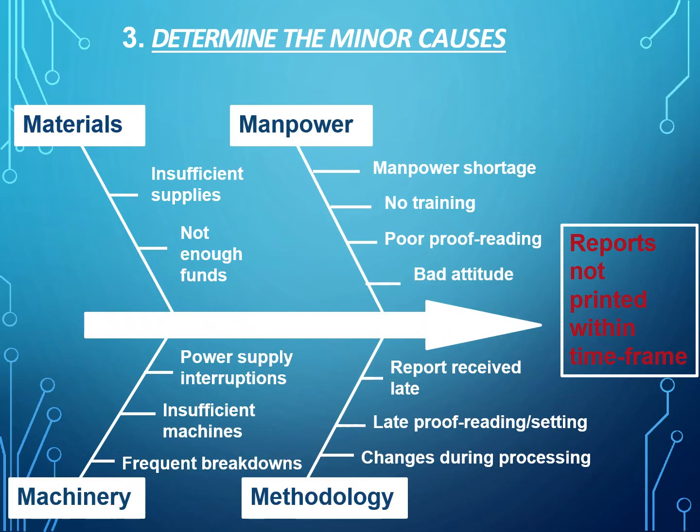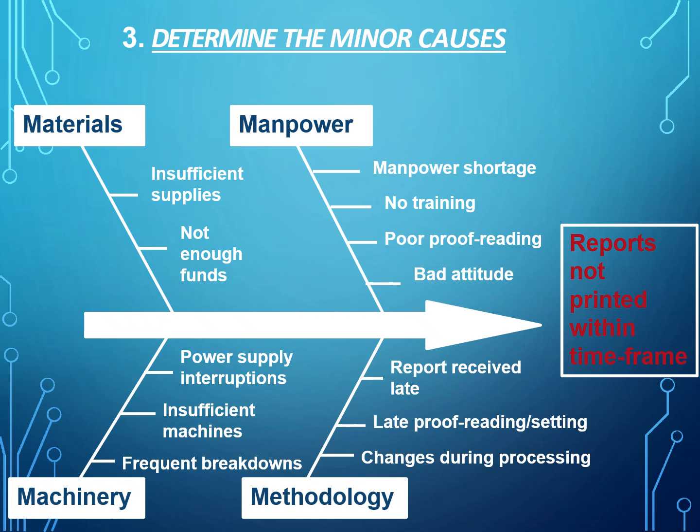Under these major causes, we can further break them down into minor causes. For example, under manpower, we might find issues like no training or poor proofreading. Under machinery, we might find the frequent breakdowns, and all those require some brainstorming session.